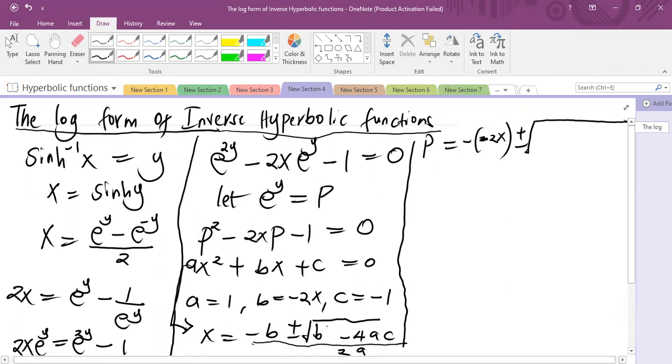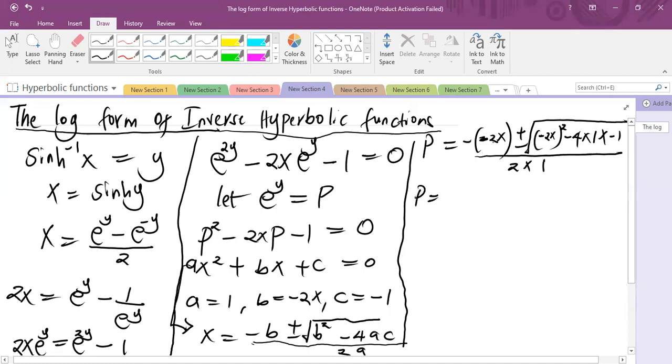Our b squared in this case is minus 2x squared, minus 4 times a, our a is 1, times c, and our c is minus 1. All this is divided by 2 times a, 2 times 1.